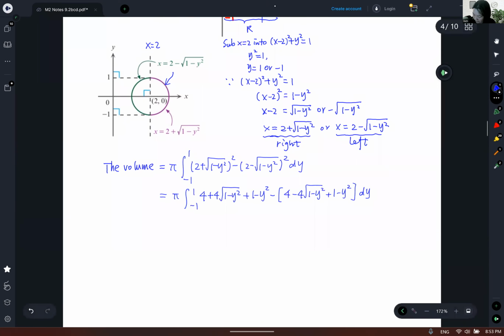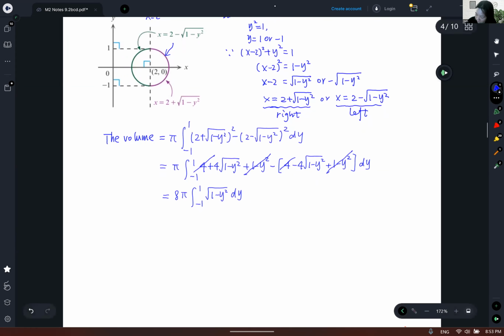Okay, and then you can see the terms cancel, leaving you 8 pi from -1 to 1 square root 1 minus y squared dy. Okay, that's simplified. After simplification, you need to do the integration, and this one can be solved by trigonometric substitution.